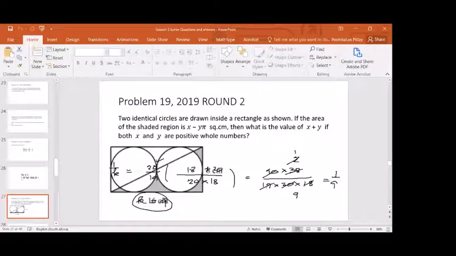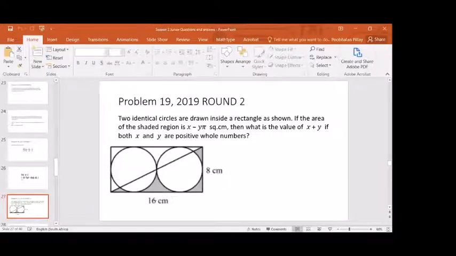And problem number 19, now it starts getting a little bit more difficult. Problem number 19 says 2 identical circles are drawn inside a rectangle as shown. There it is.